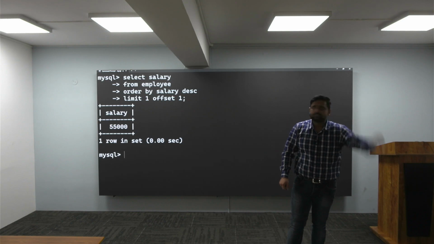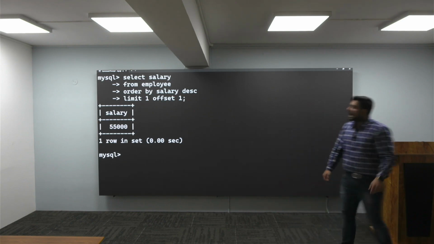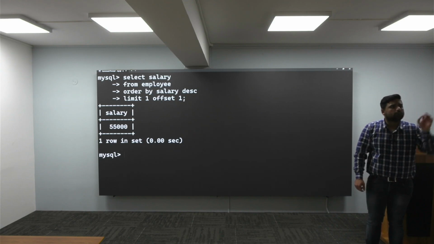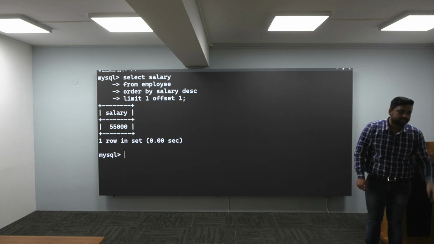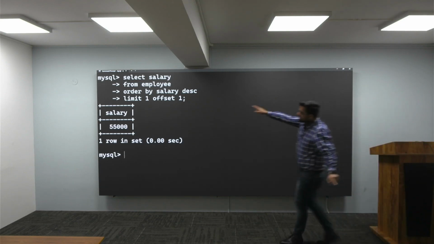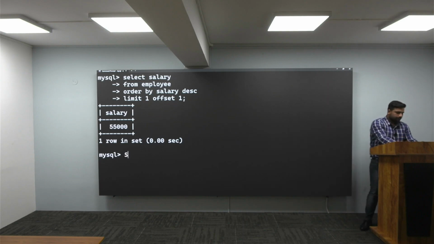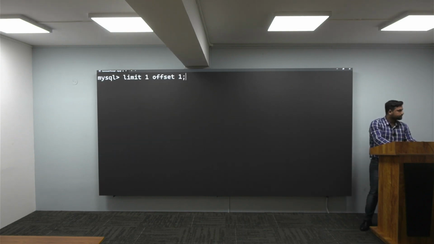Now please focus. I have conveyed about distinct also. On what basis or in what case do we have to use the distinct operator here? Is there any data which is repeating in our salary? Let's check it first. Select salary from employee.